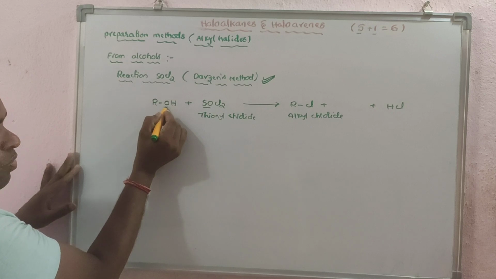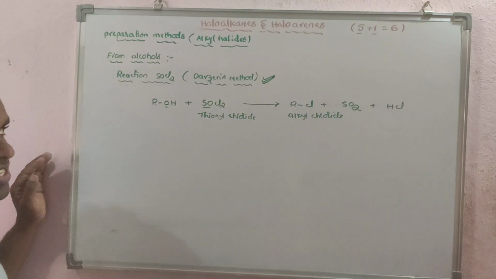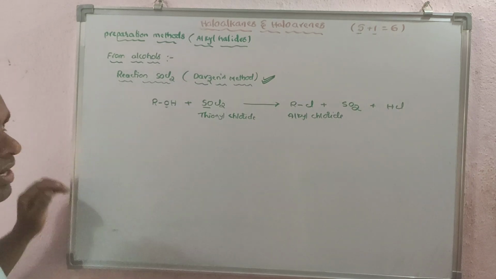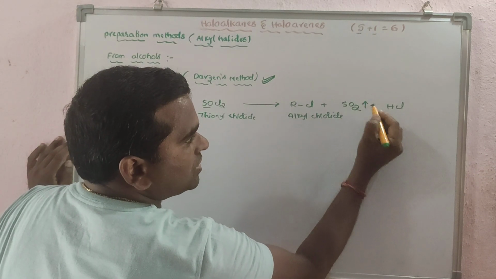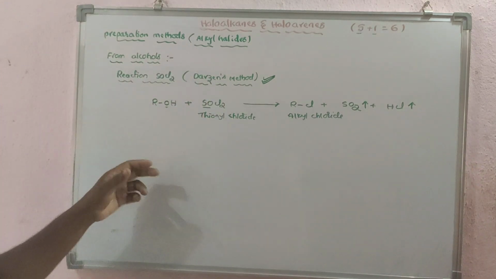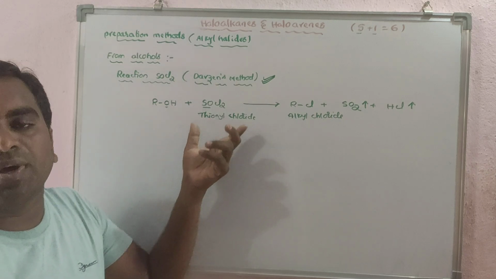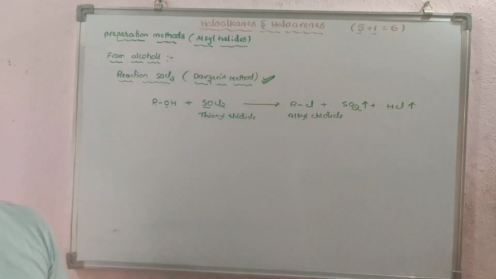The S and the other O combine to give SO2. Now this SO2 is a gas, and HCl is also a gas. So this is a very convenient method to prepare alkyl chlorides. Why?